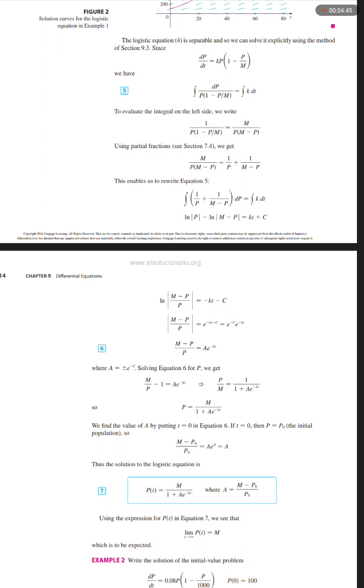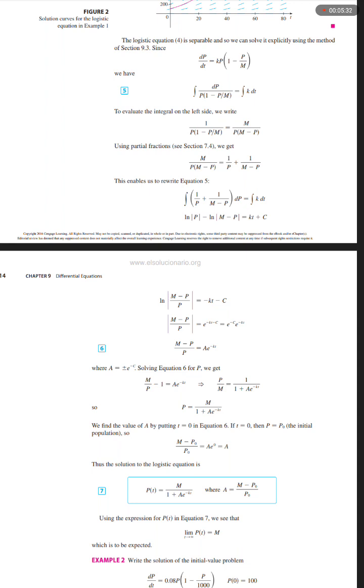The natural log of the absolute value of P minus the natural log of the absolute value of M minus P equals Kt plus C. So the natural log of the absolute value of (M minus P) over P equals negative Kt minus C, and the absolute value of (M minus P) over P equals e to the power negative Kt minus C, which equals e to the power negative C times e to the power negative Kt.